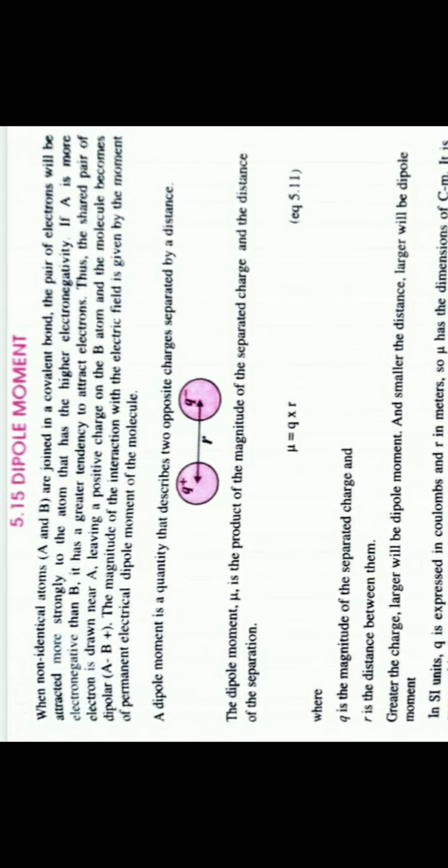Dipole moment. When non-identical atoms, for example A and B, join together by a covalent bond, the pair of electrons is attracted more strongly to the atom that has the higher electronegativity.